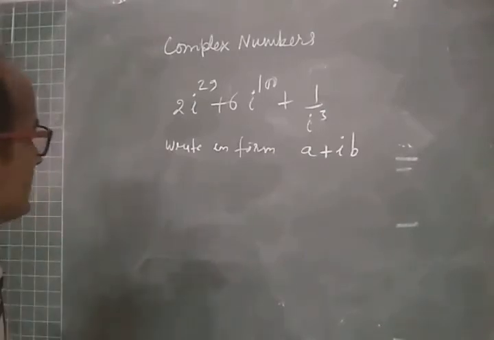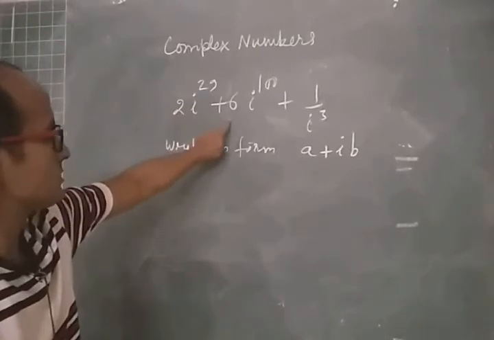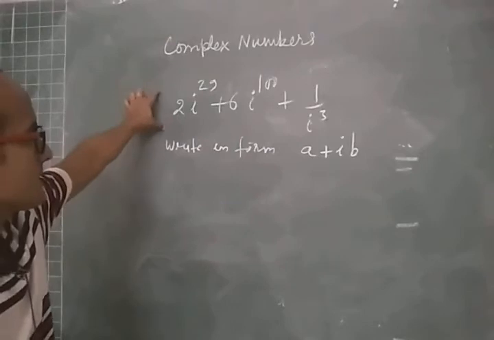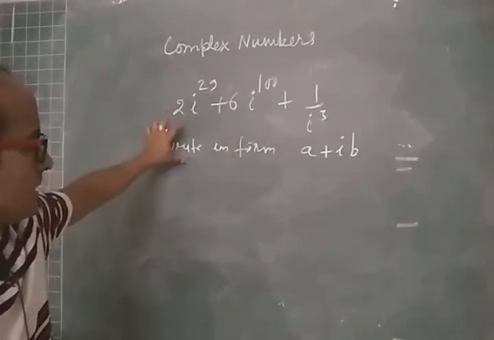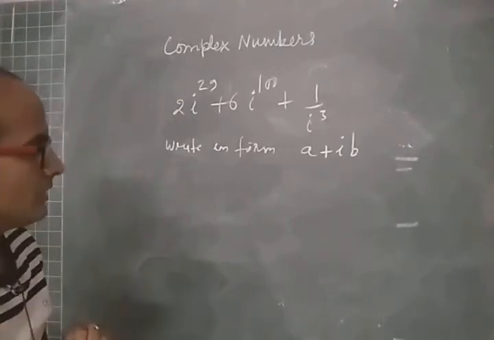One more question: 2 into iota raised to the power 29 plus 6 into iota raised to the power 100 plus 1 upon iota cube. We have to write this complex number in the form a plus iota b, where a and b are real numbers.